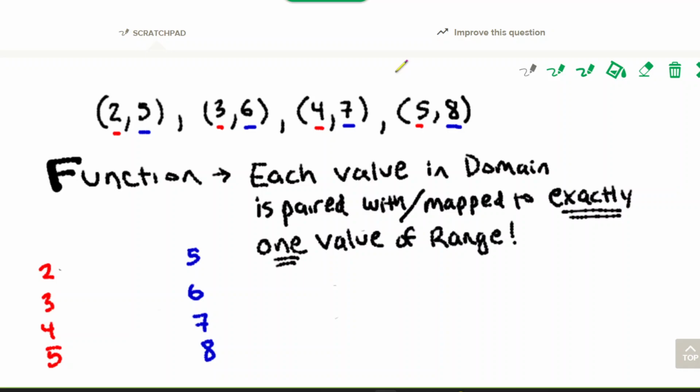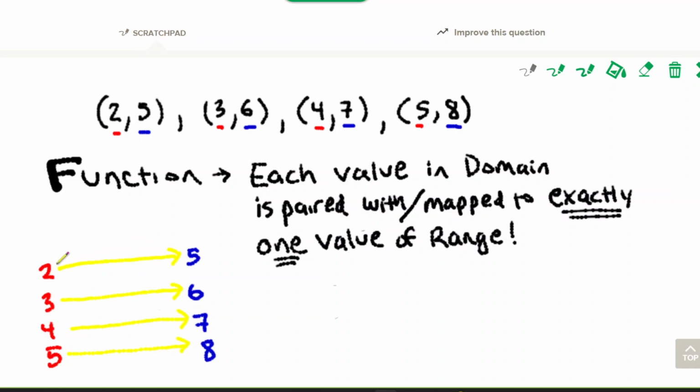So if I was drawing an arrow diagram, I would draw 2 to 5, 3 to 6, 4 to 7, 5 to 8. And that's what they call an arrow diagram to represent a set of ordered pairs, or relation.